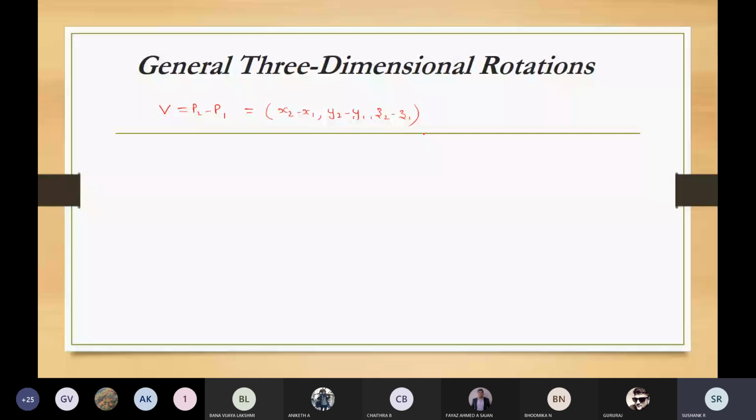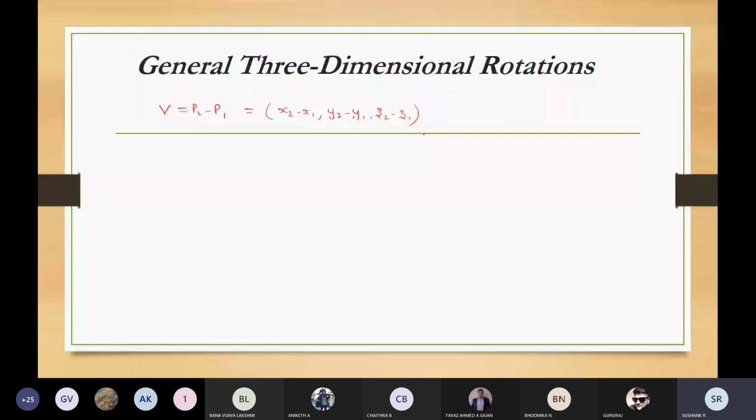So, since we need to perform additional computations, first we compute the rotation axis vector v by the formula v equals the difference between those 2 points, given by the difference of the x component, y component, z component.